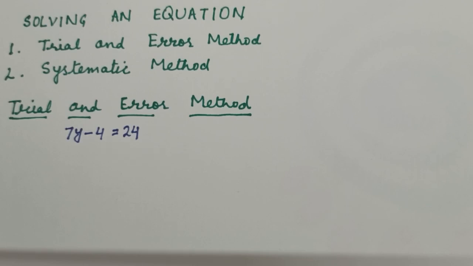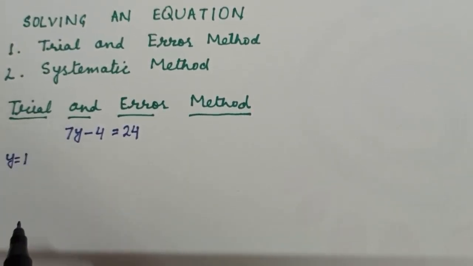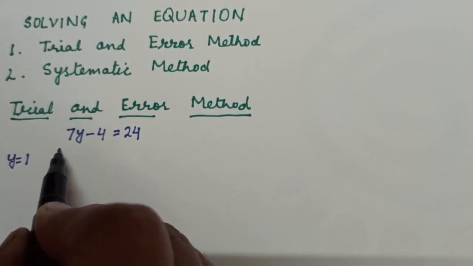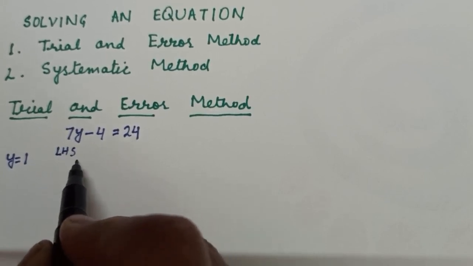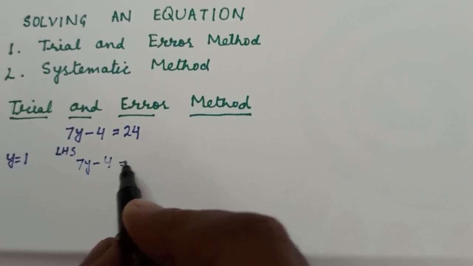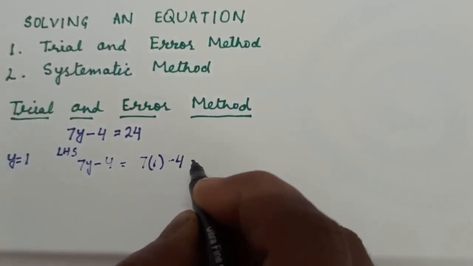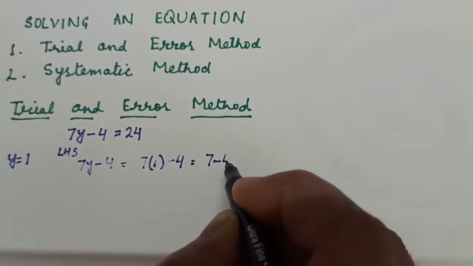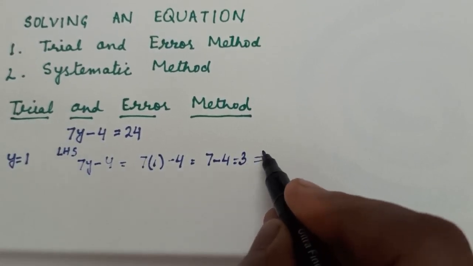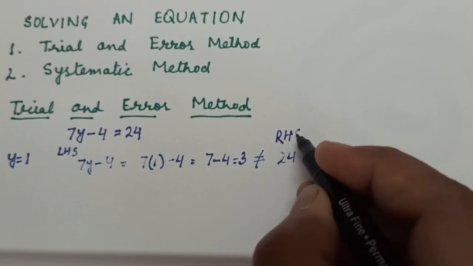Alright, so first of all let us put y is equal to 1. When we put y is equal to 1 in the left hand side, 7y minus 4, we get 7 into 1 minus 4. 7 minus 4 is equal to 3. Now 3 is not equal to 24, which is our right hand side.